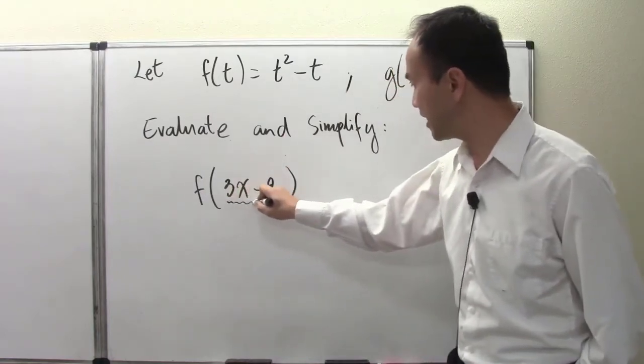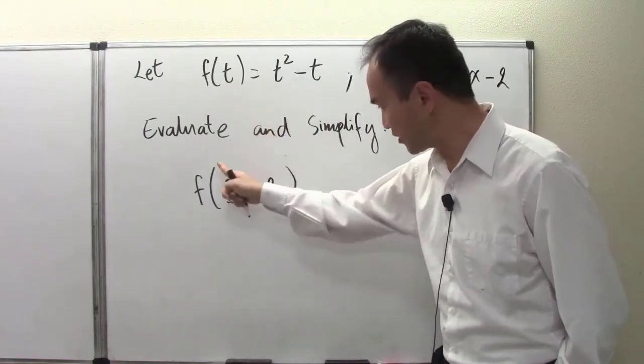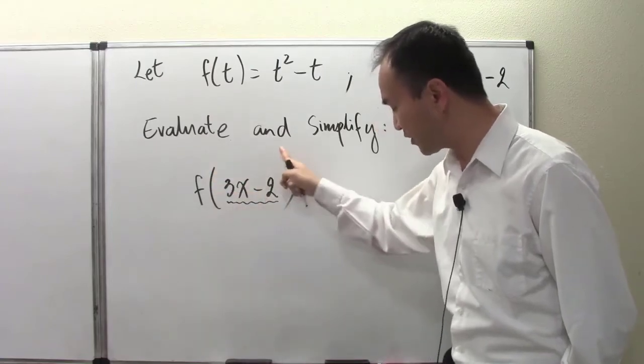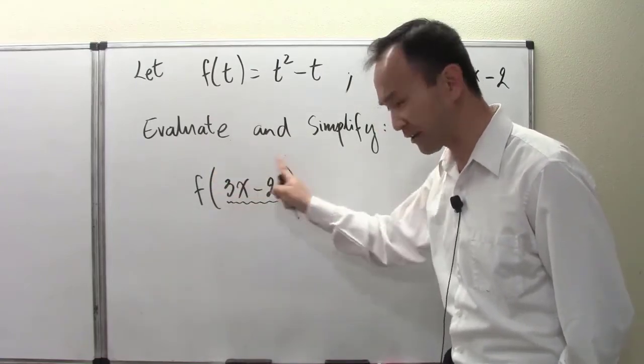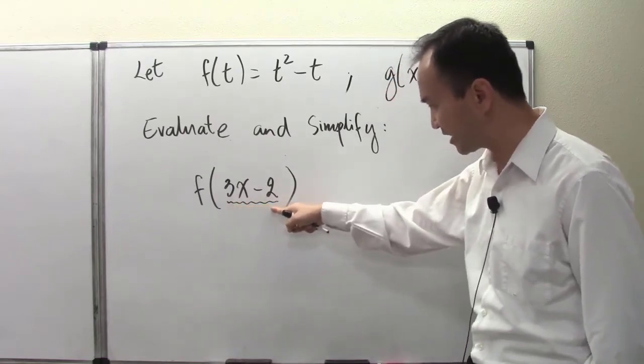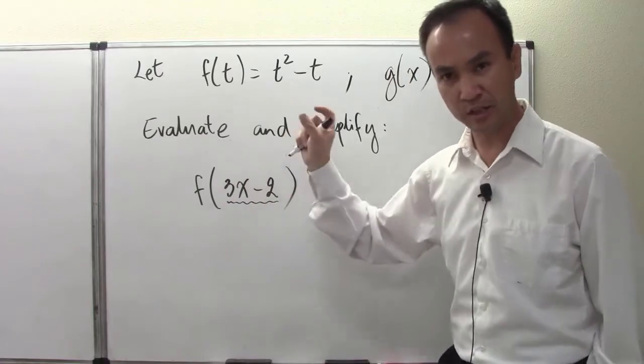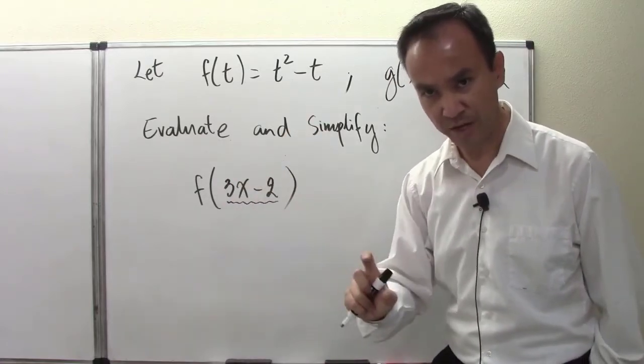Everything inside the parentheses is the input, just like what we have already learned. That's why I'm underlining it with a squiggly line: the entire 3x minus 2 is an expression instead of a numerical value.